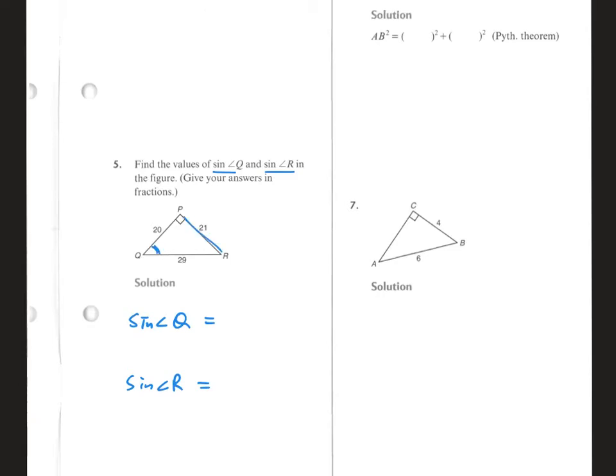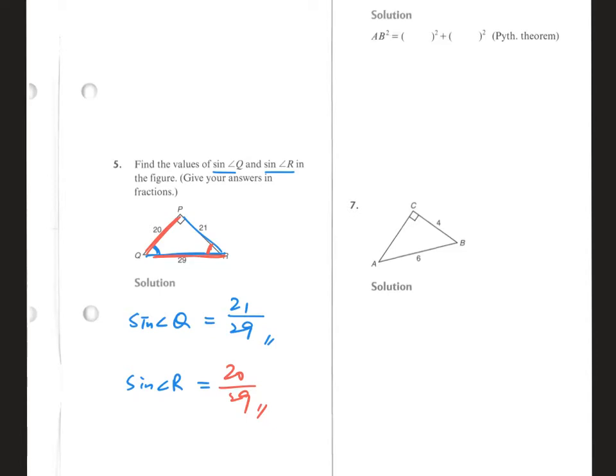Opposite to it is 21. The longest side is the hypotenuse. Do remember to check in the calculator whether there's any simplification. Angle R is on the other side. Opposite to it is 20, hypotenuse 29. So this is sine angle R.